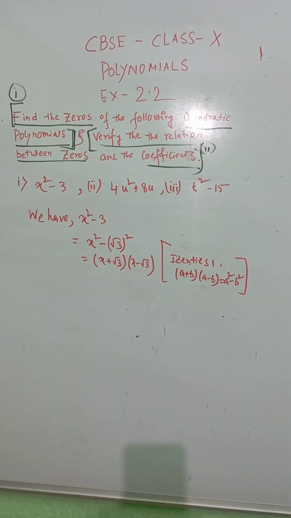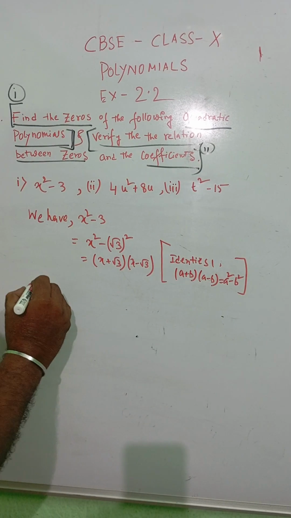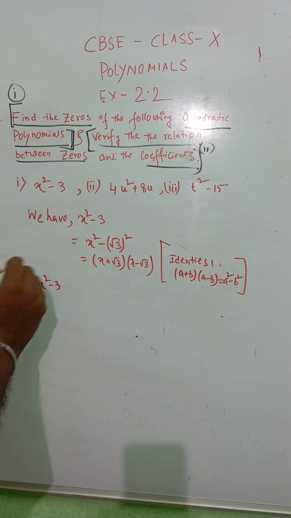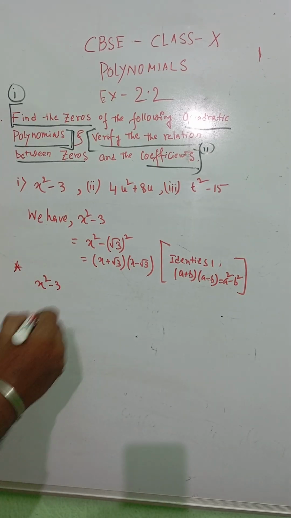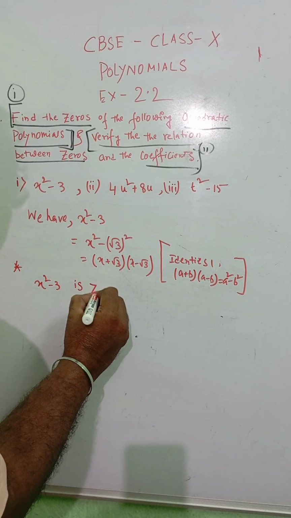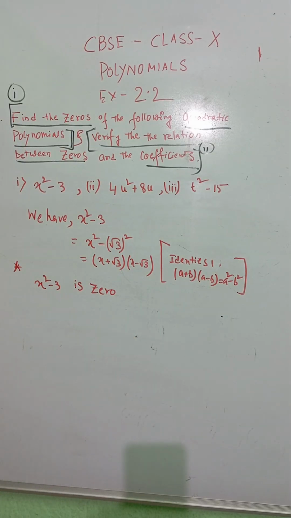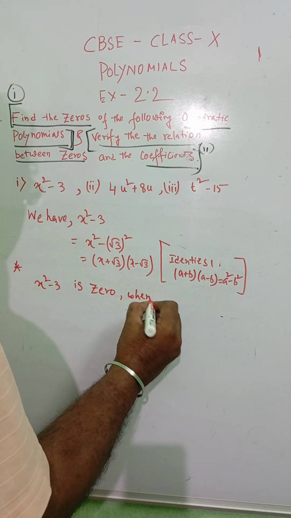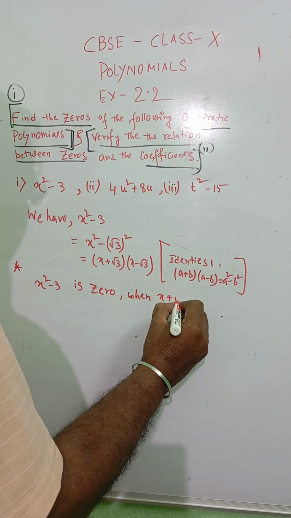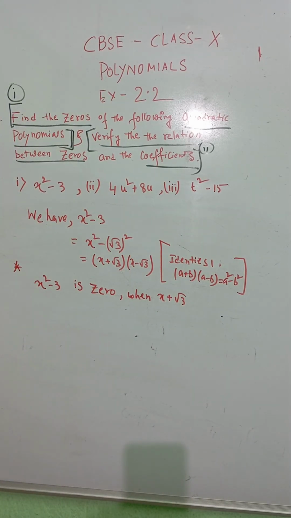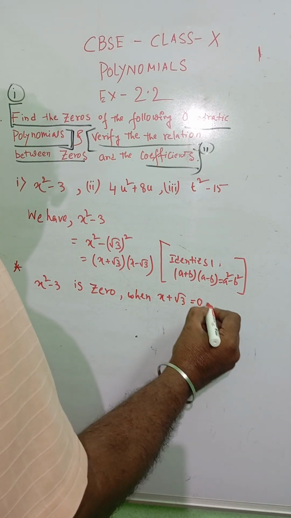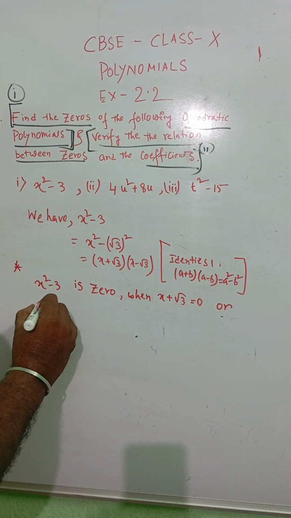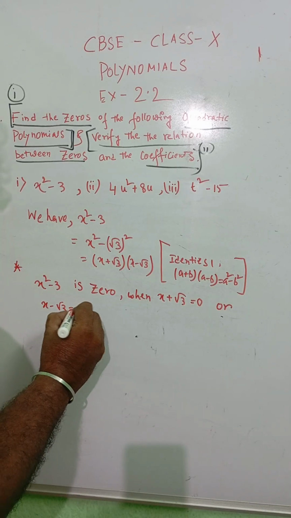So what do we write? x square minus 3. You have to be a little careful with this thing. It is 0 when x plus root 3 is equal to 0, this is the most important, or x minus root 3 is equal to 0.